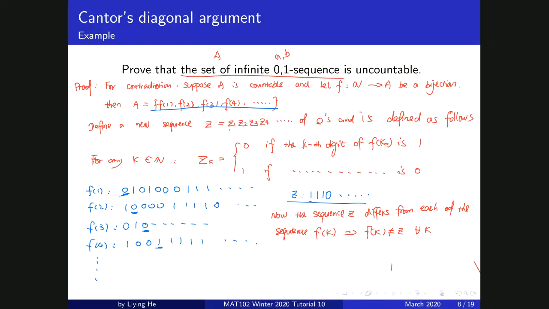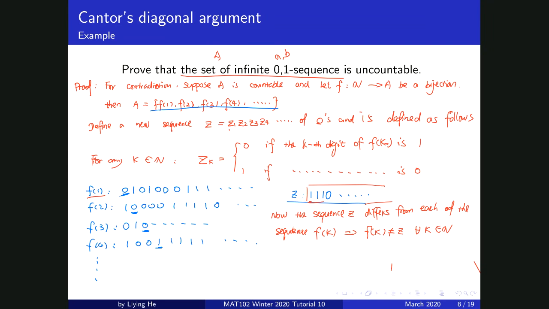Yes, question. Why do we know that this is going to be a different sequence? Oh, here is a reason. It's because of how we construct it. If you compare this to the first one, F1, we know that the first digit is different, so it's different from the first one.